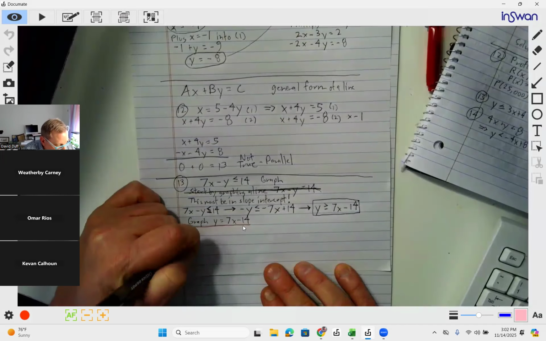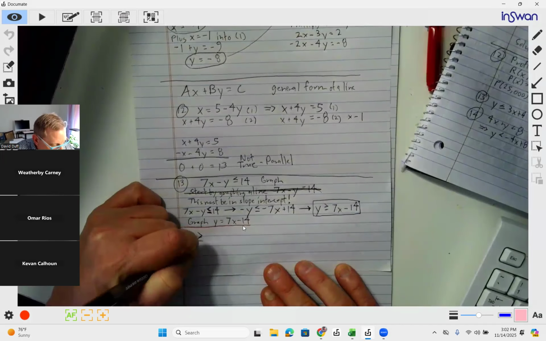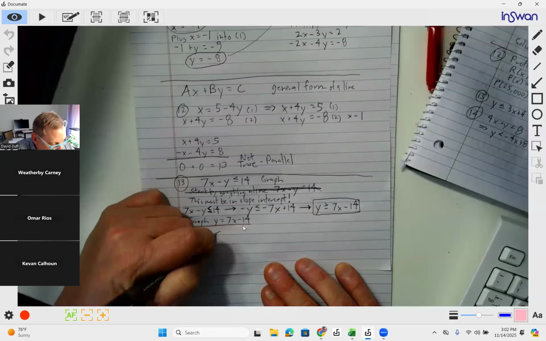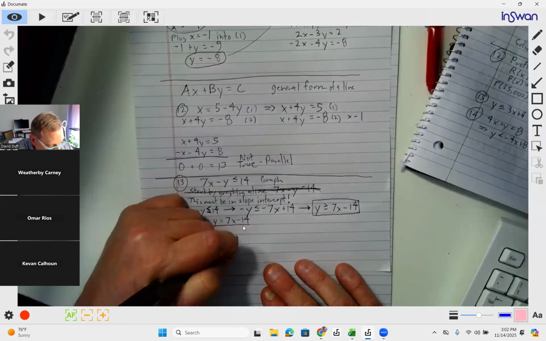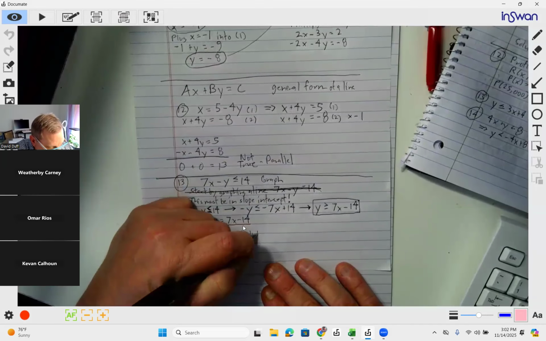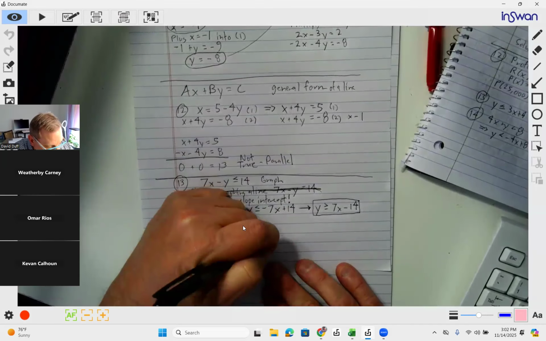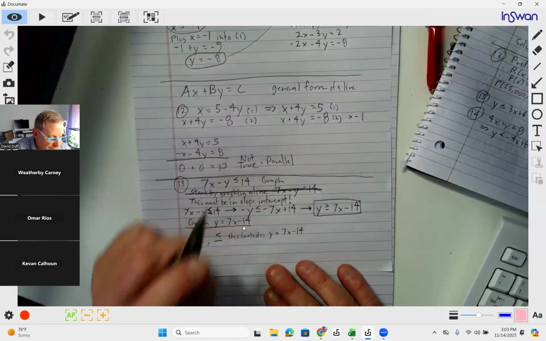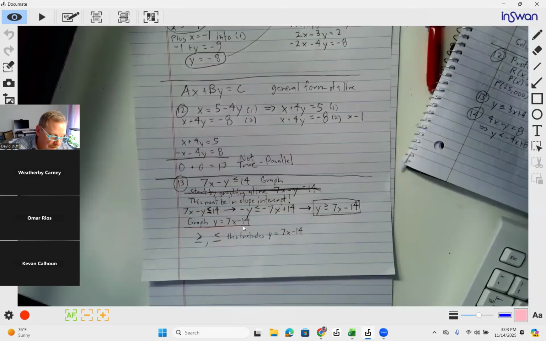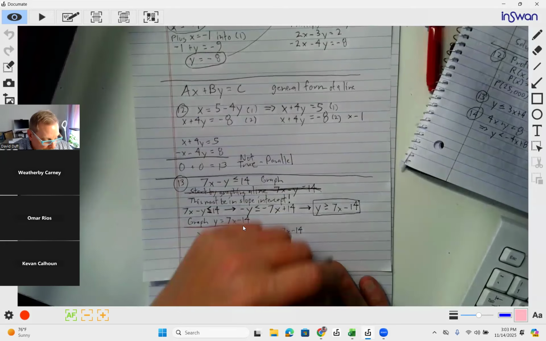If we have greater than or equal to or less than or equal to, that means it includes the line itself. This includes the line y equals 7x minus 14. So it's not just everything above that line, it's also that line.